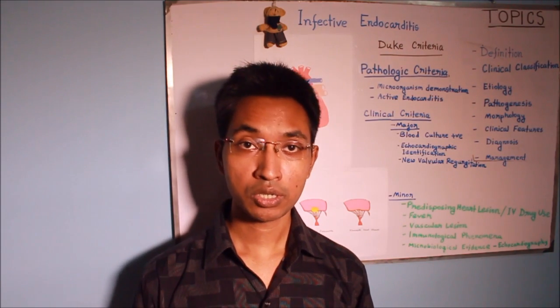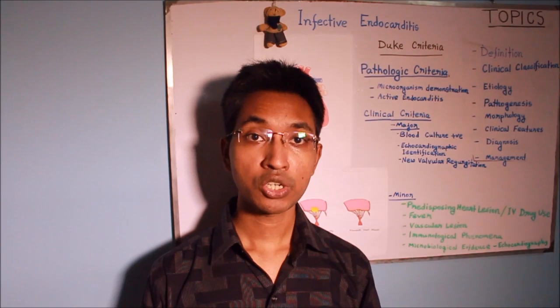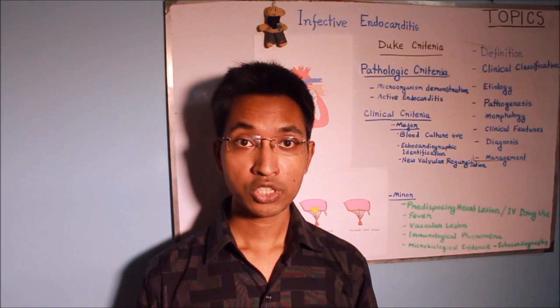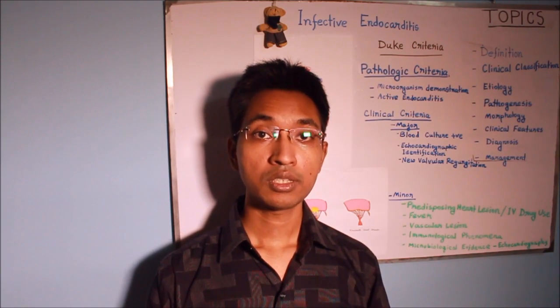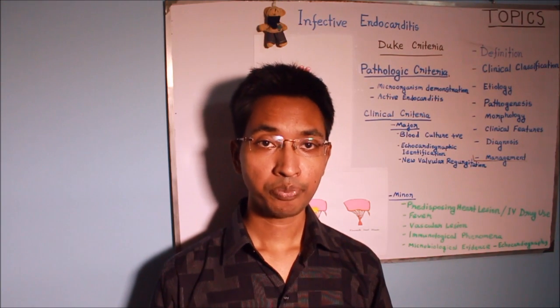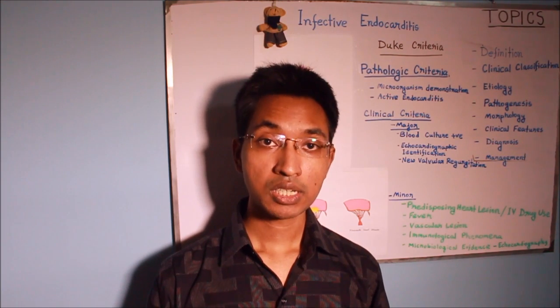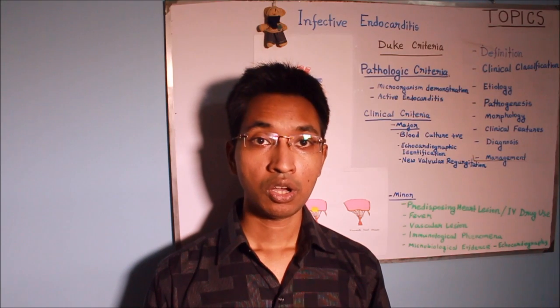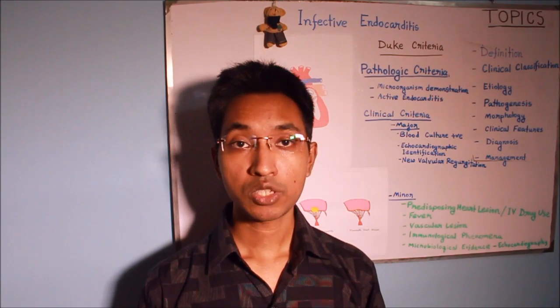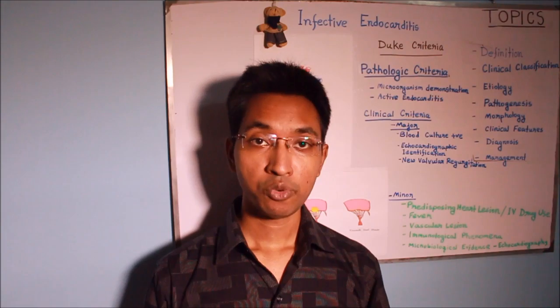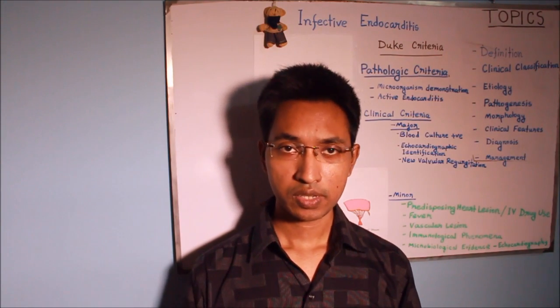Other clinical features will include features of stroke, features related with arterial embolism, purpura, petechial hemorrhage in the skin and mucous membrane, splinter hemorrhage, Osler's node, etc.